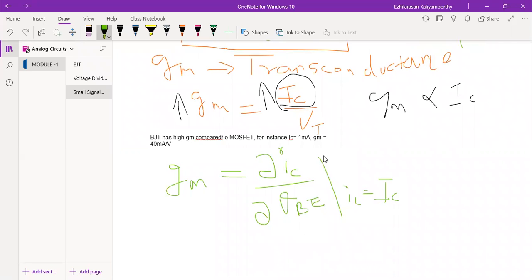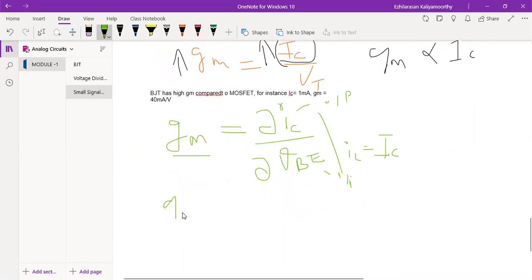That is the output, and this is your input. So that will be your transconductance, where gm is nothing but the slope of the ic-vbe curve.